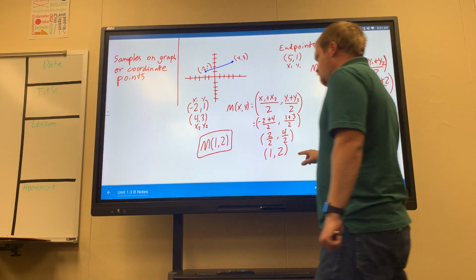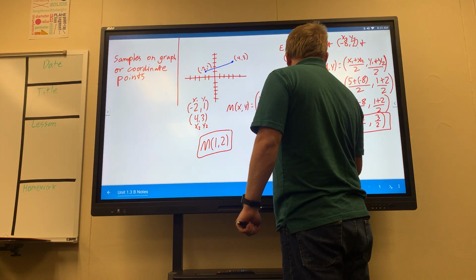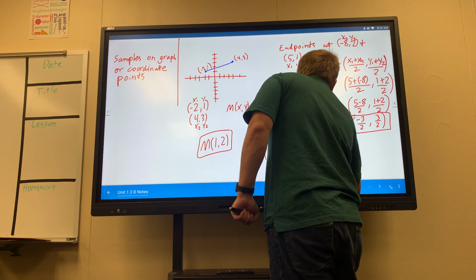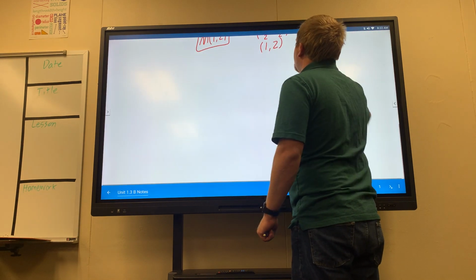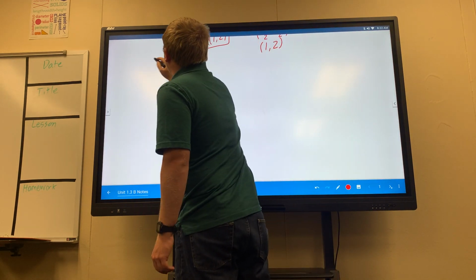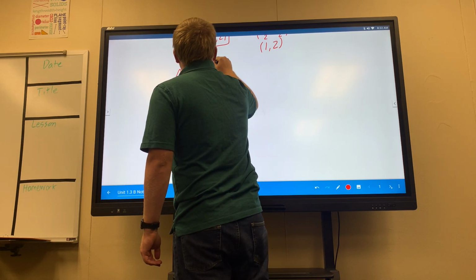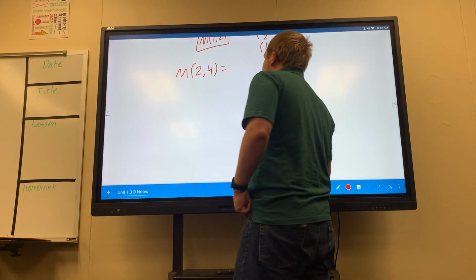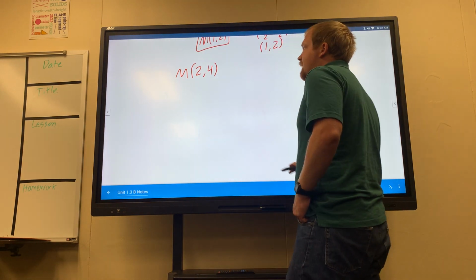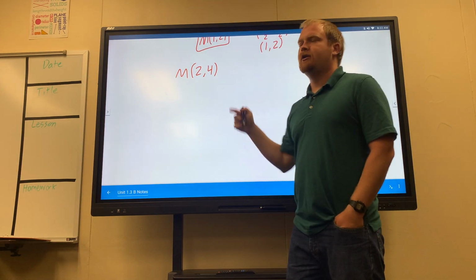Now, this isn't in your notes, but I do think it's important to understand how to solve for this. So let's say we'll give it a midpoint at (2, 4).